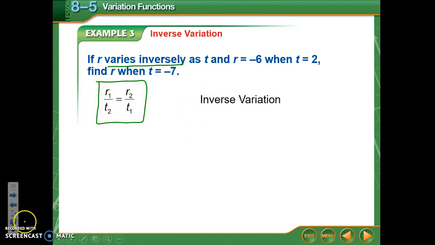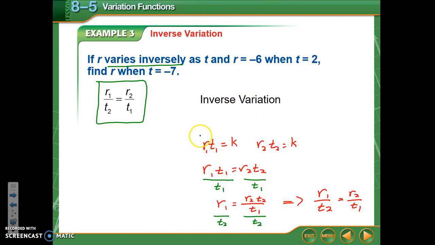Basically the way that they get this proportion is like this. This would be my first inverse variation, and this would be my second one. But I know that in this situation, k has to be equal, right? So I can set my two inverse variation equations equal to each other, and when I solve them to put them so that they look more like a proportion, I get r sub 1 over t sub 2 equals r sub 2 over t sub 1.